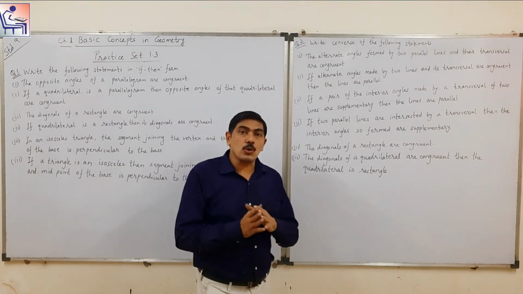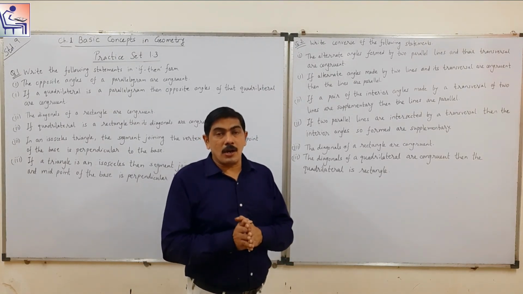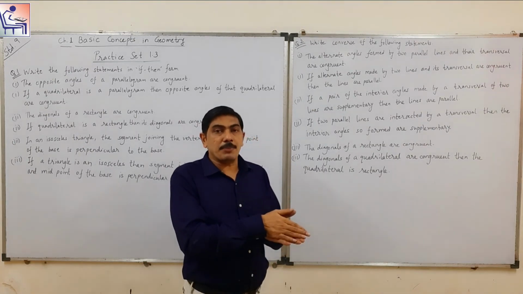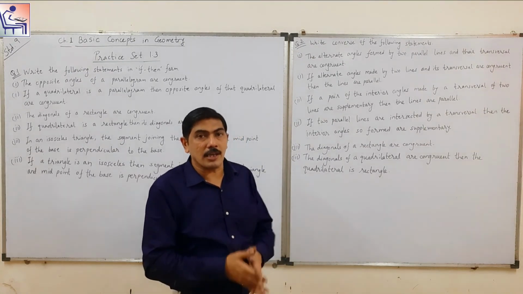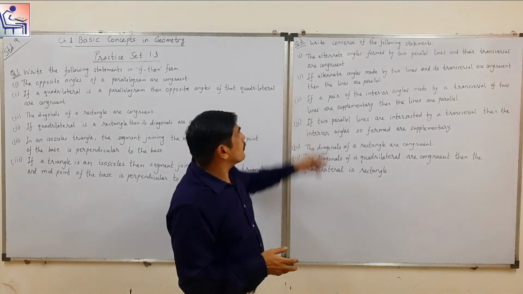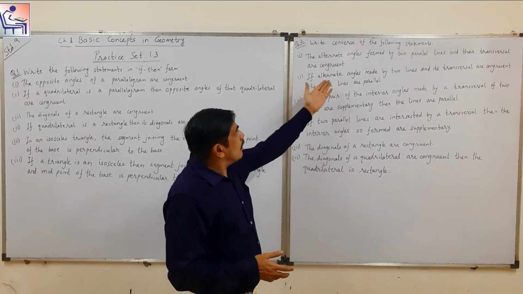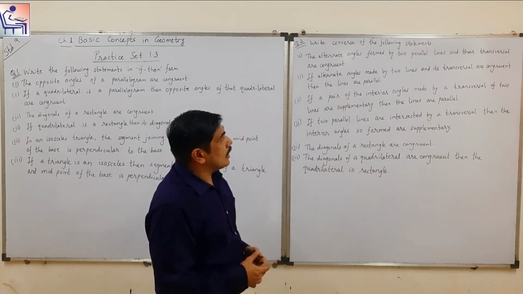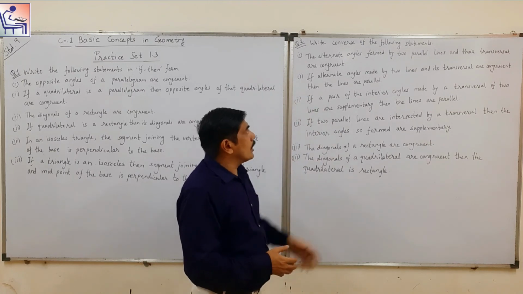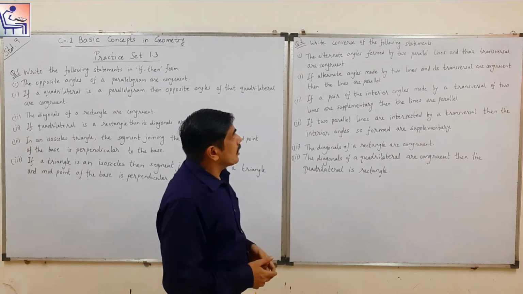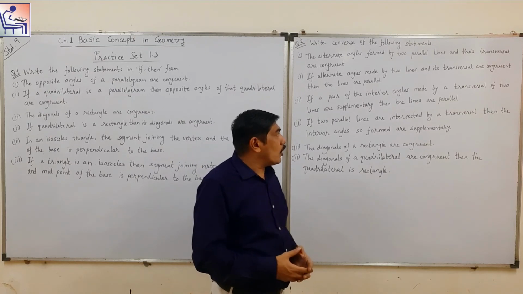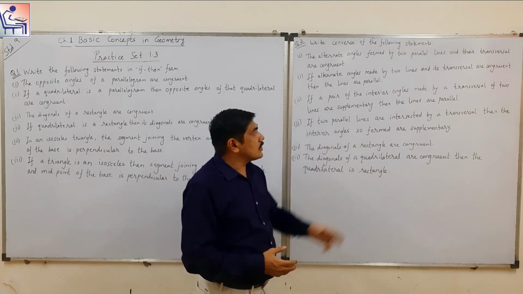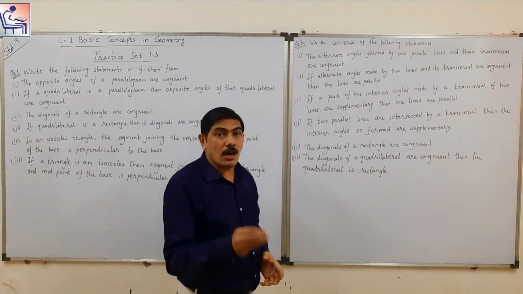In a converse statement, we have to interchange the if part and the then part. Interchange means the front part goes to the back and the back part comes to the front. Second, if a pair of the interior angles made by a transversal of two lines are supplementary, then the lines are parallel.